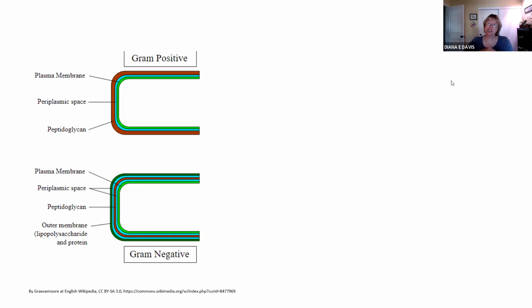Bacteria have additional layers outside, including a cell wall for all of them, but the cell wall is different between gram-positive and gram-negative. And more importantly, gram-negative also have a second membrane on the outside.